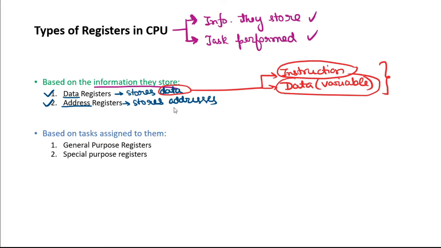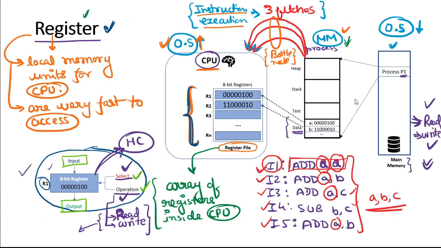And what exactly does address mean here? Address here means the address of a cell of memory, main memory, or a cell of the register file, because the register file was an array of registers, and each register has some address. This one has some address a1, this one has address a2, and so on.